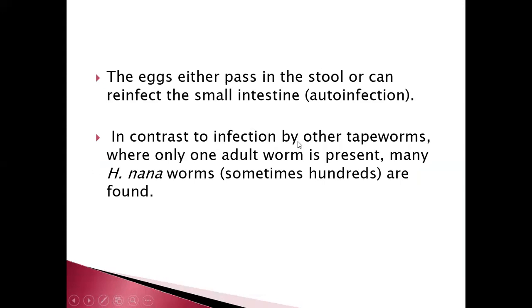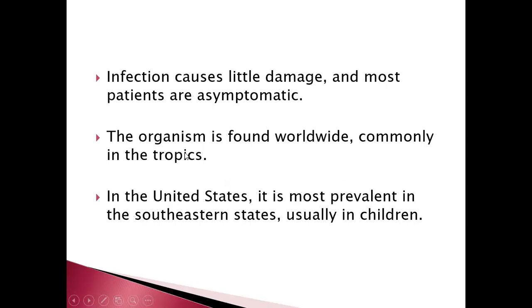In contrast to the infection of other tapeworms, where only one adult worm is present, many H. nana worms can be present, sometimes about 100, in the same human. Infection causes little damage and most patients are asymptomatic. The organism is found worldwide, commonly in the tropics.